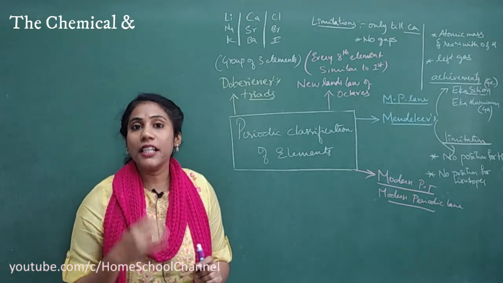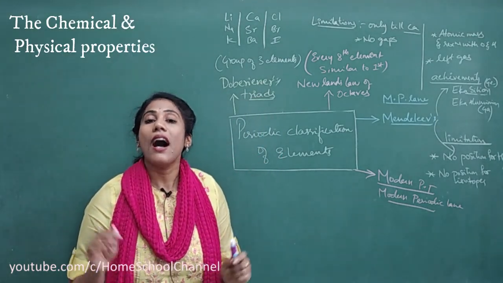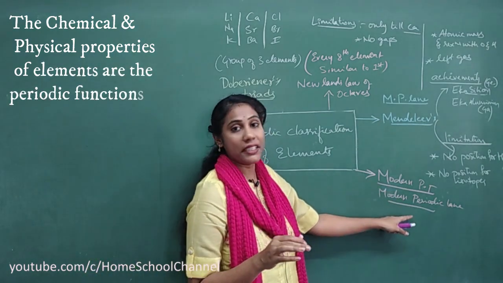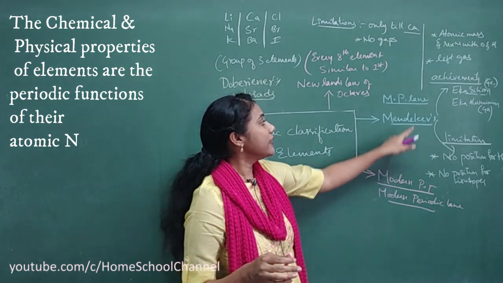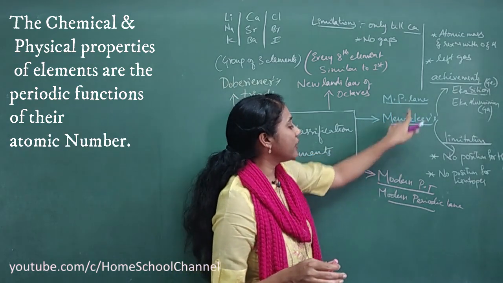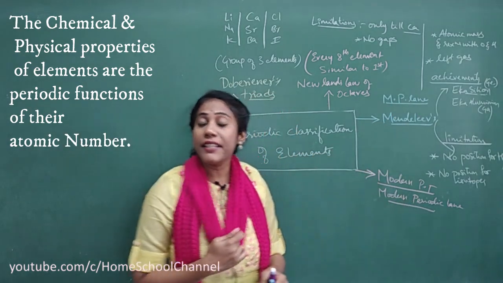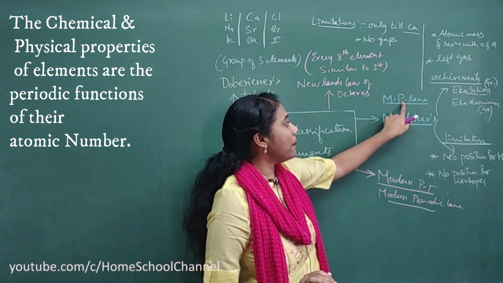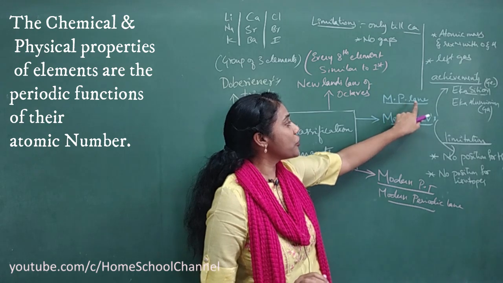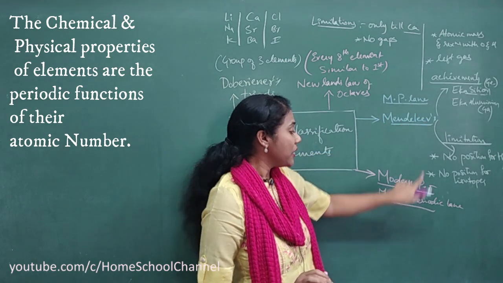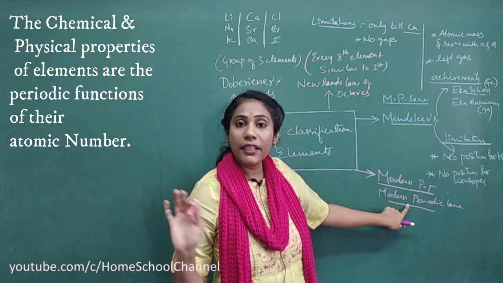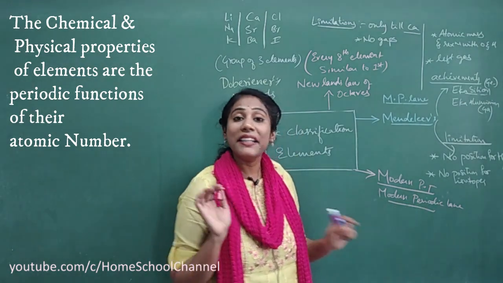Chemical and physical properties of elements are the periodic functions of their atomic number. Both definitions, Mendeleev's periodic law and modern periodic law, are very important. In Mendeleev's law, the chemical and physical properties are periodic functions of their atomic masses. Here, they are periodic functions of their atomic number.